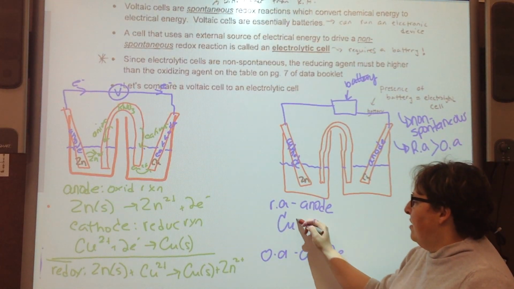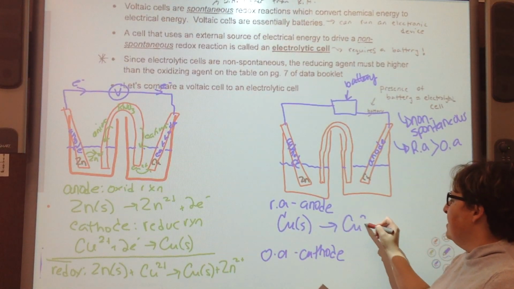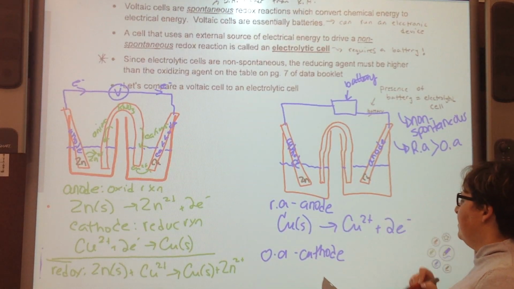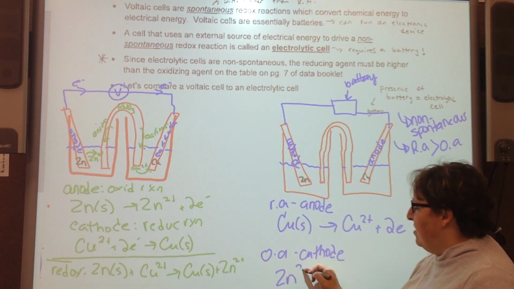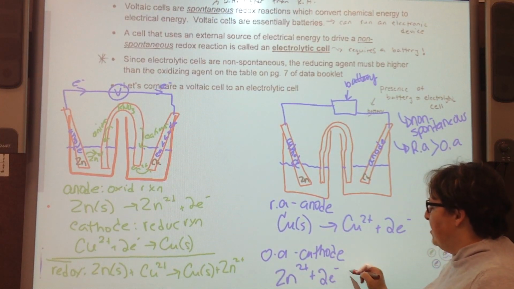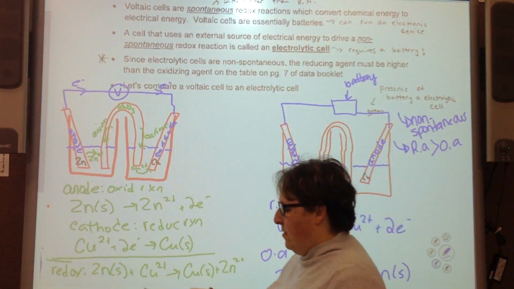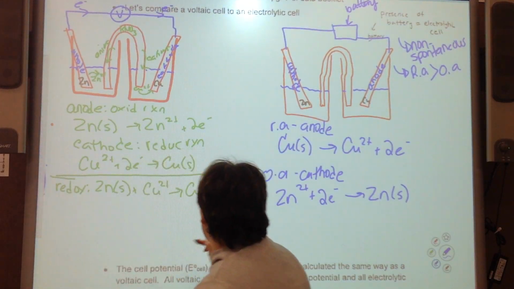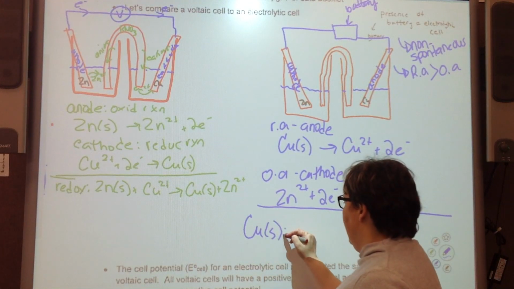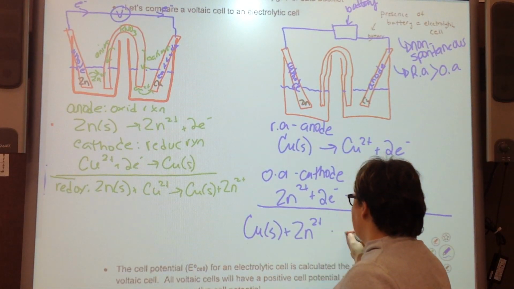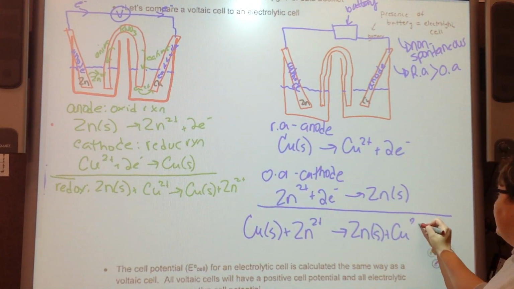So we're going to see copper as a solid give us copper ions and 2 electrons. Whereas over here, we're going to see the zinc ions plus 2 electrons give us zinc as a metal. And our overall reaction is copper as a solid plus zinc 2+ giving us zinc as a solid plus copper 2+ ions.